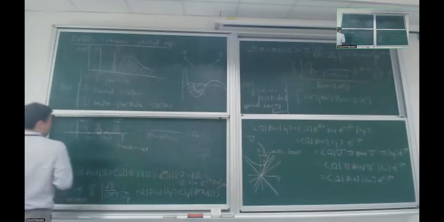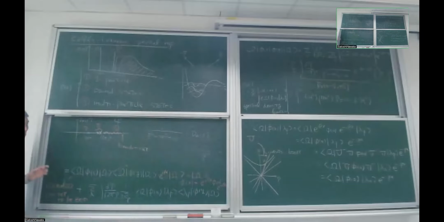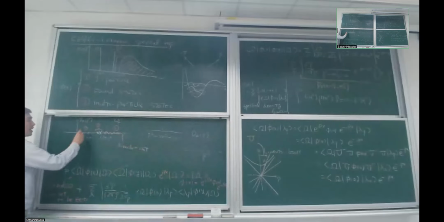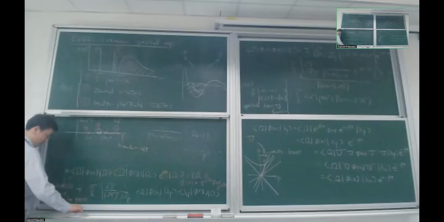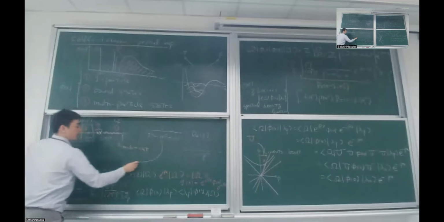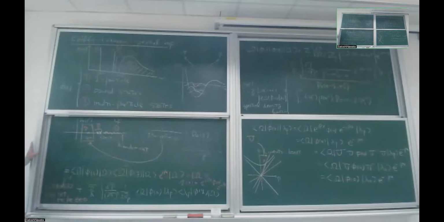Usually, when you write down like this way, we only pick this guy for the interacting theory. So this propagator is really only one particle states. We just take this.